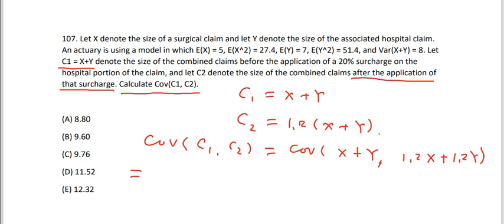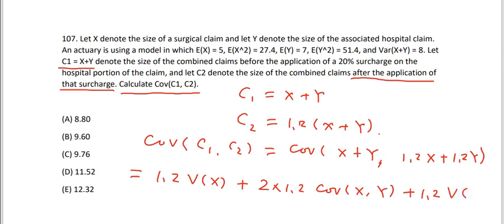At first we have 1.2 covariance for x and x, so this is just Vx. And plus 1.2 xy or 1.2 yx. So yx, xy covariance is the same. So that equals 2 times 1.2 covariance of xy, then plus 1.2 Vy.